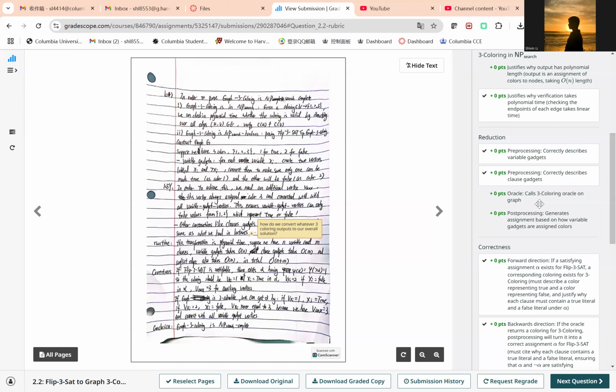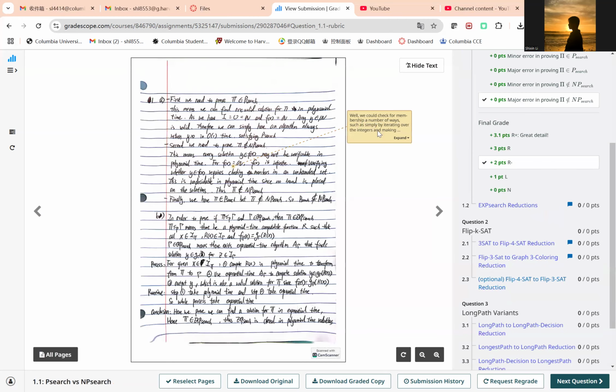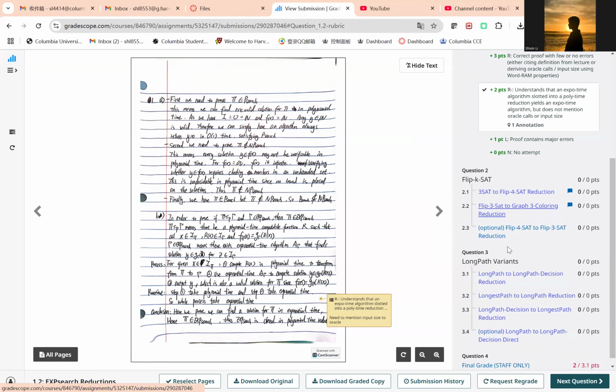So this is the example. At this time point, I think I have already corrected all the mistakes. In summary, I think I made these mistakes because for some parts I was just missing things. Because this is a proof process, I always miss some part. For example, here I didn't mention the conversion from the recoloring to the overall solution, and also I didn't mention the input side of the work.